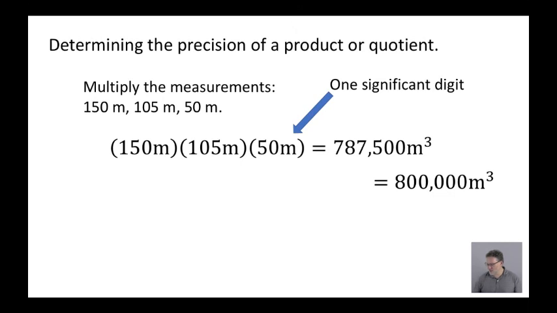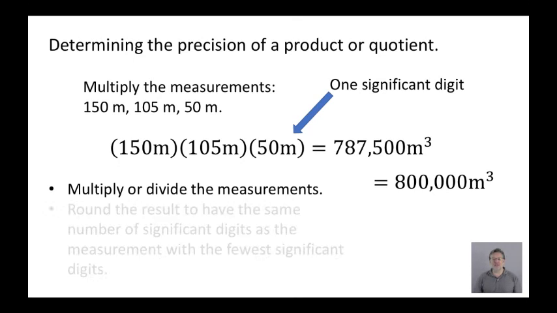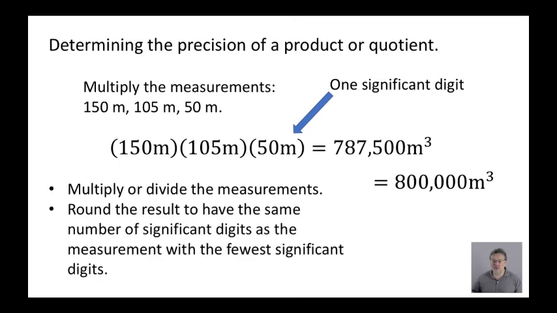So once again, we can divide or multiply the measurements just as before, but then we have to consider the level of precision. And there we count up the number of significant digits for each one of the constituent things that we're multiplying together, and then we go with the fewest number of significant digits in our rounded answer.